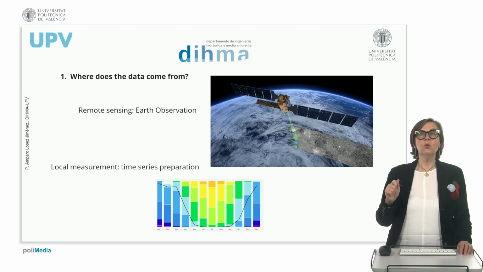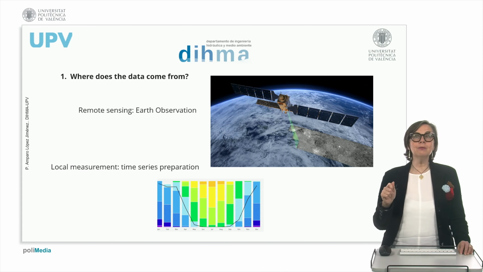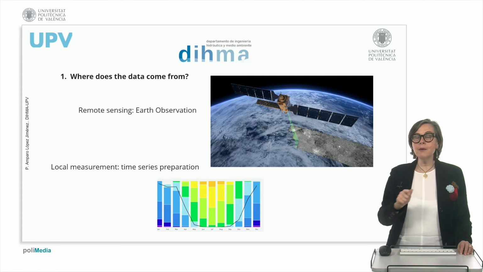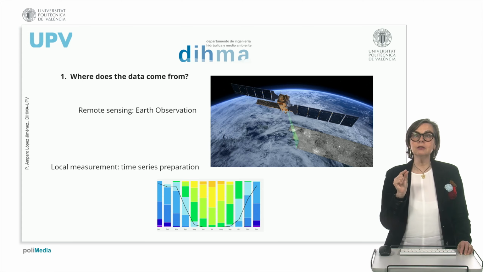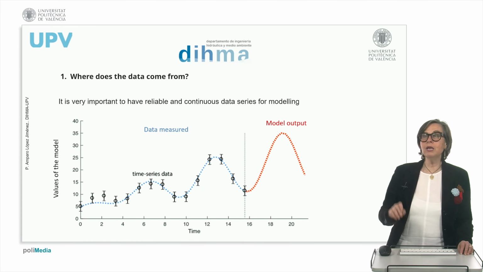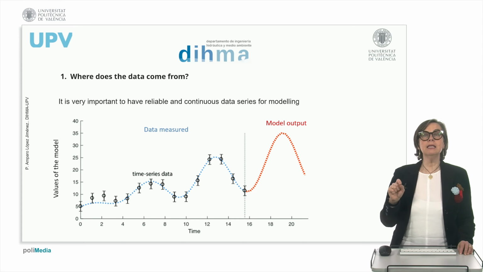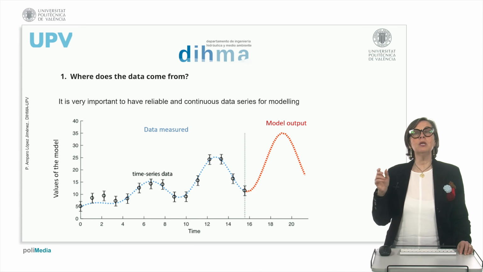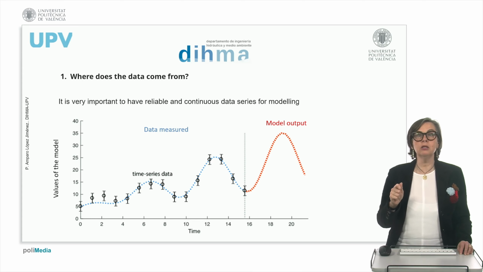In any case, we will need to have reliable data along a time period with a short time of measurement in order to have good series of data. So we will have this data in a time series and we will use it in our process of modeling.